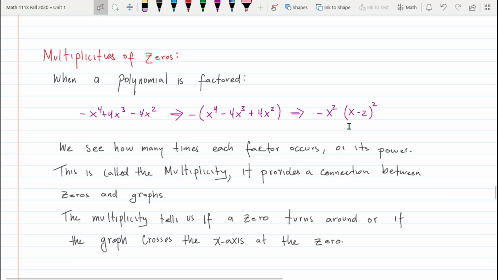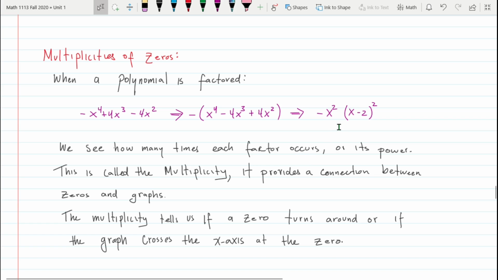So notice now how this term has power 2, but also this term right here has power 2. So that is valuable information when we're trying to figure out what the graph looks like or what is the behavior of it. So this tells us how many times each factor occurs, right?